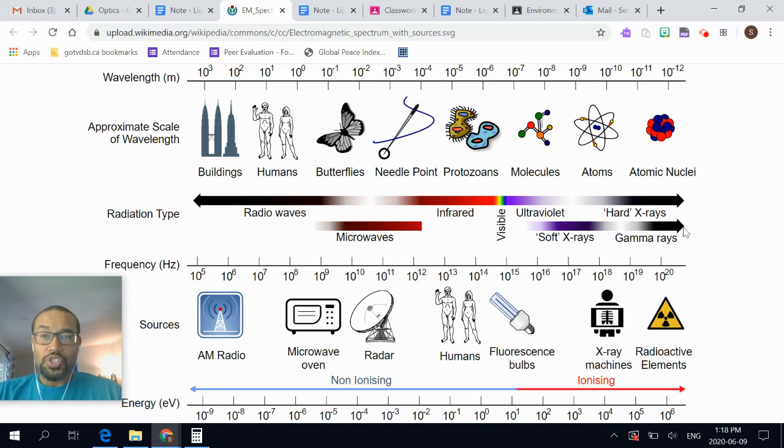But all of those share in common one thing, and that's really, really high frequency, but really, really small wavelengths. In fact, those wavelengths are so small that they are shorter than the diameter of an individual cell. Therefore, they can actually damage the cellular structure, and in particular, the DNA.